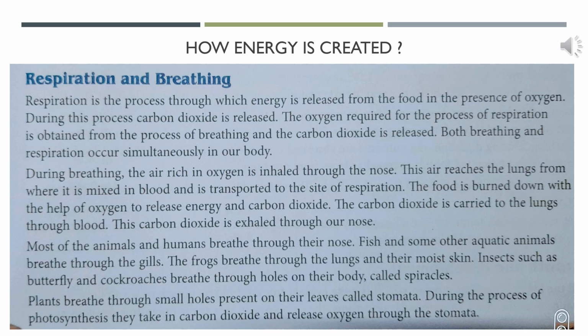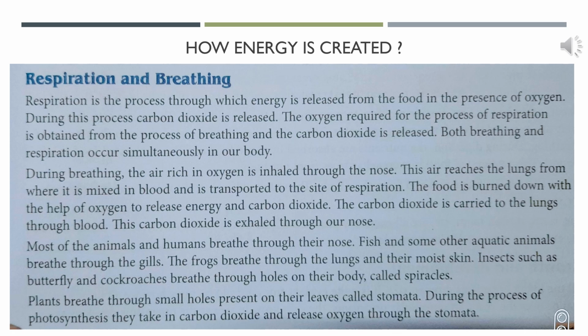Now suppose a cell is present inside your stomach. It does need energy. It won't be possible for the cell inside the stomach to take nutrition and oxygen directly from the stomach. It is still dependent on blood. So the oxygen inside the blood will be taken by the cell.